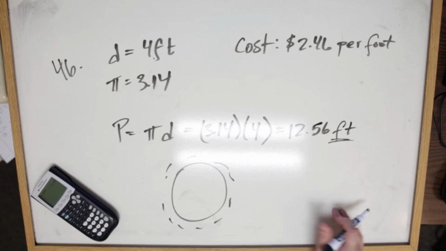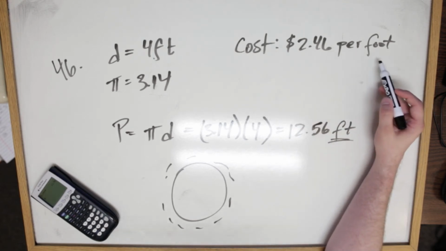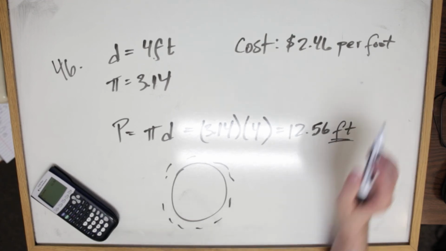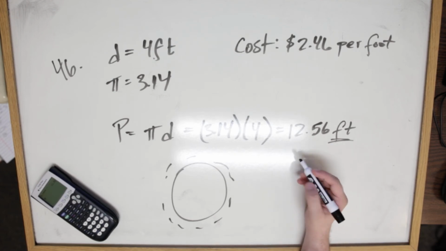So if the cost is going to be $2.46 per foot, this is perimeter, not area. We'll get into that in a minute. If the cost is $2.46 per foot, what we do is now we just do another multiplication.